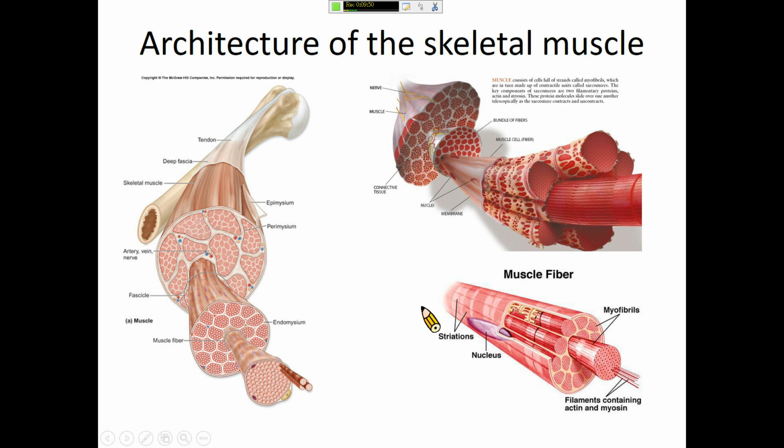Okay, so muscle fiber is not the kind of cell that we normally see or describe. Usually we think that the cell consists of one nucleus. Okay.